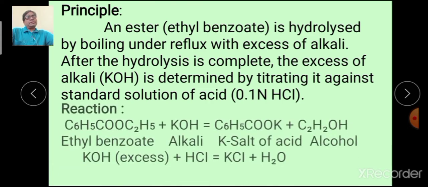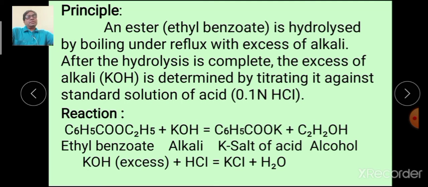The reaction is, this is an ethyl benzoate ester, hydrolysis in presence of alkali potassium hydroxide, formation of potassium salt of benzoic acid, and ethanol, that is alcohol, is obtained.